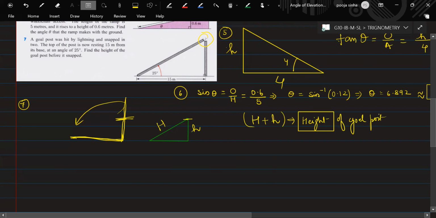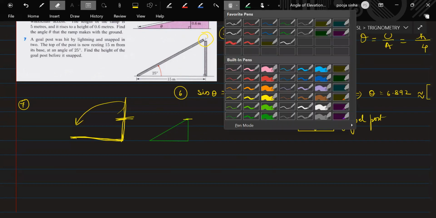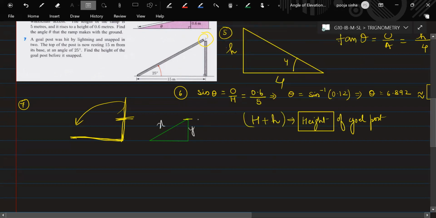I'll just call this x and y rather than calling it h. I'm calling this x and this y. So the entire height would be x plus y. x plus y will be the height of the goalpost, isn't it? Now we have to find both.